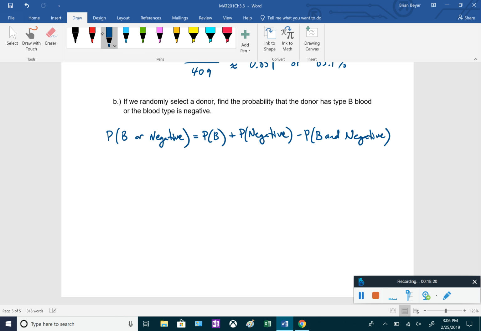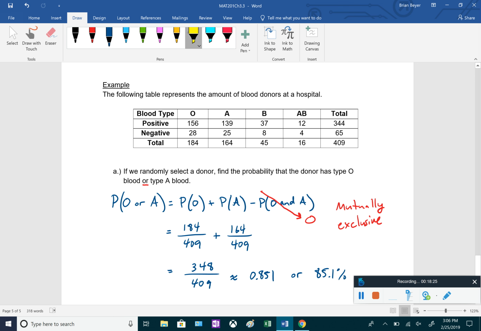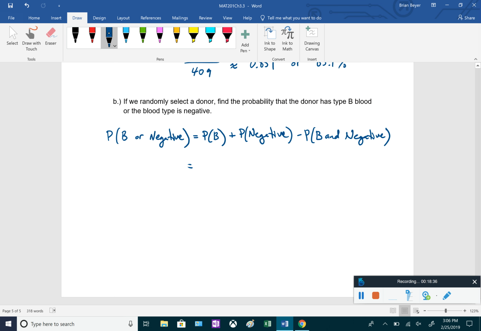So for the probability that it's type B, let's go back up here. There's 45 total type B blood out of 409. So that's going to be 45 over 409 for type B.